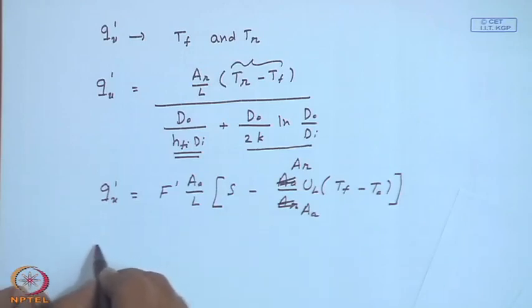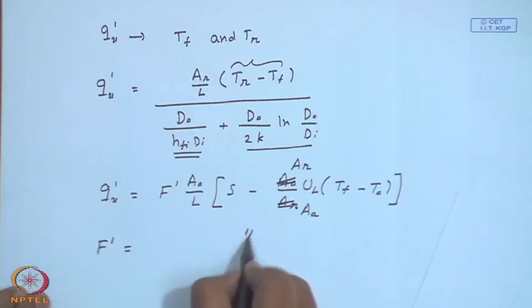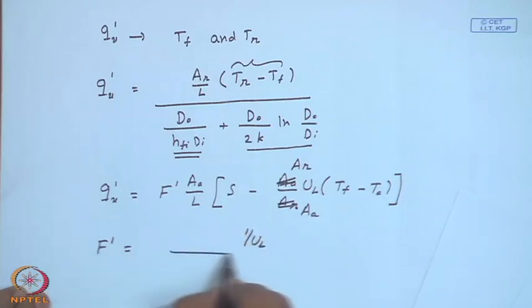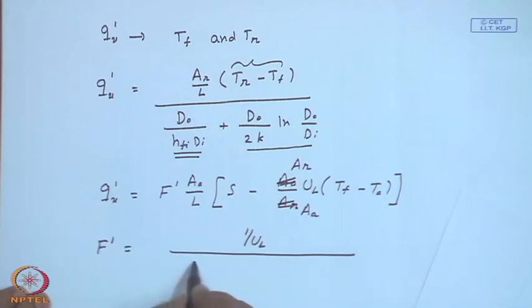So, now if you compare these equations, f dashed will be given by 1 upon U L by 1 upon U L plus d naught.